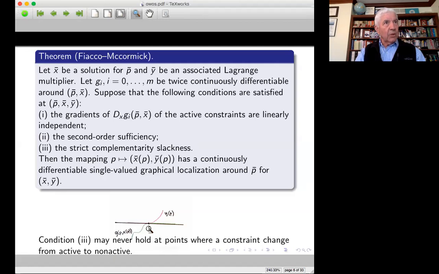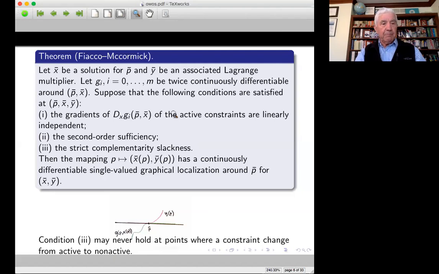Not only can we not apply this theorem here, but also we cannot apply any theorem which gives us differentiability of the solution because it's just not differentiable. So what to do in this case? Well, we have to look at non-smooth analysis and try to figure out what kind of theorem we would like to use in order to study this case.